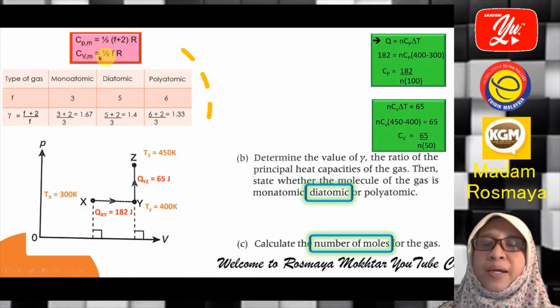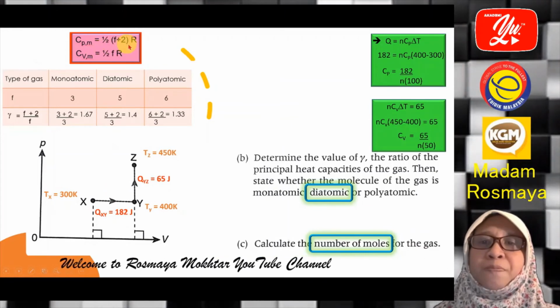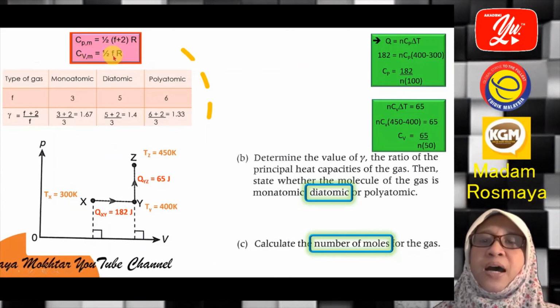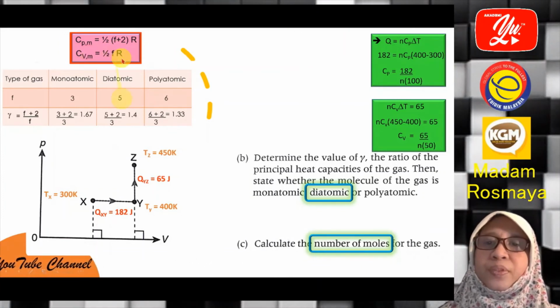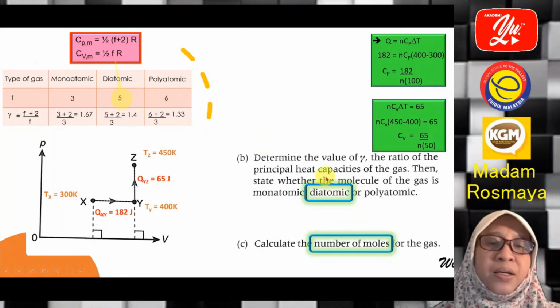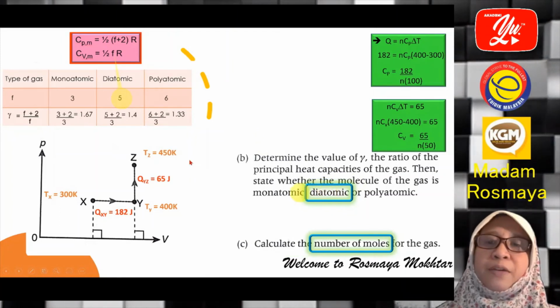I rewrite the equation here. So CPm is half bracket (F plus 2) times R, and CVm is half FR. F is 5 because just now we got diatomic, and for diatomic the degree of freedom is 5.